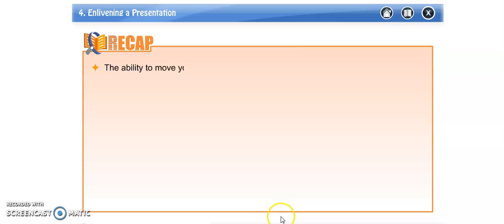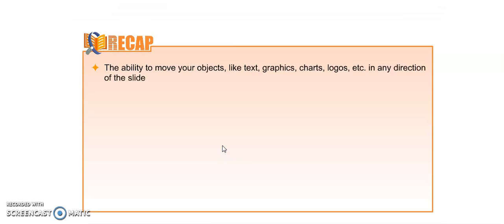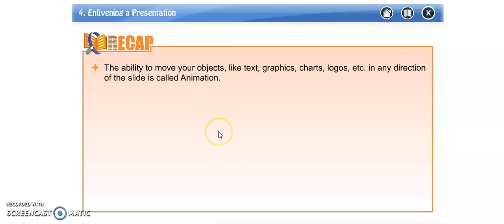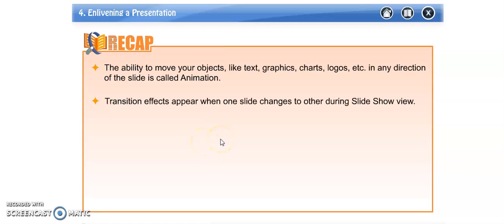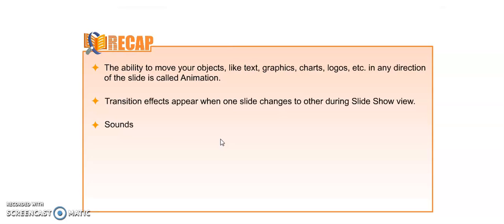Now I will revise these recap points for you. The ability to move your objects like text, graphics, charts, logos, etc. in any direction on the slide is called animation. Transition effects appear when one slide changes to another during slideshow view.